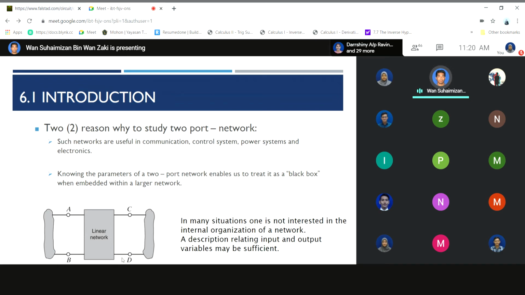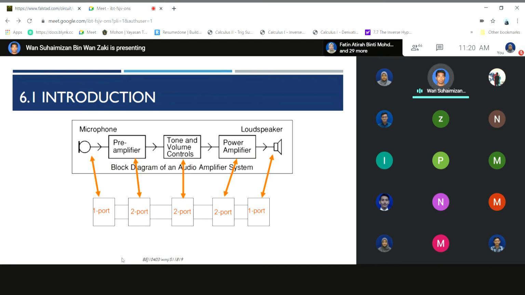If we look at the block diagram of an audio amplifier system, we have a microphone, preamplifier, tone and volume control amplifier, and lastly the loudspeaker. The microphone is what we call a one port because it has only one terminal pair. The preamplifier is a two port, and at the end the speaker is one port.